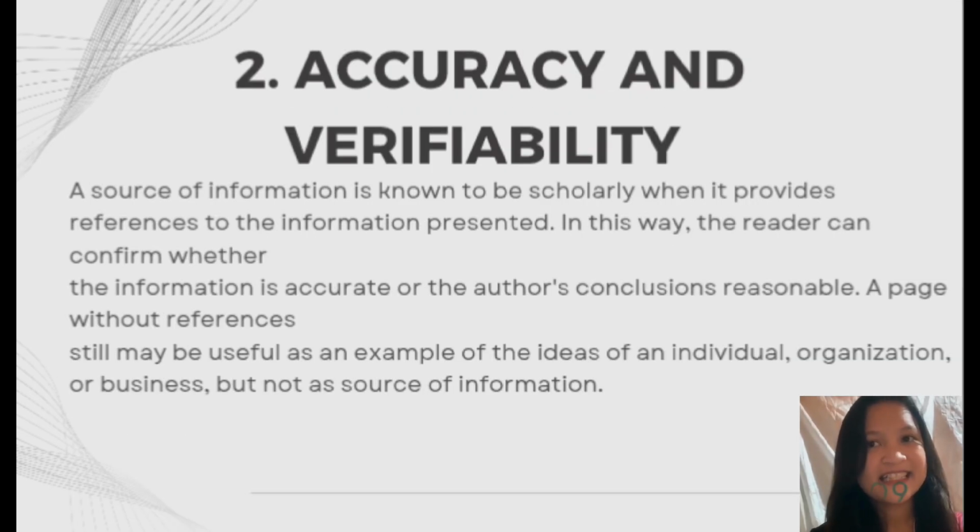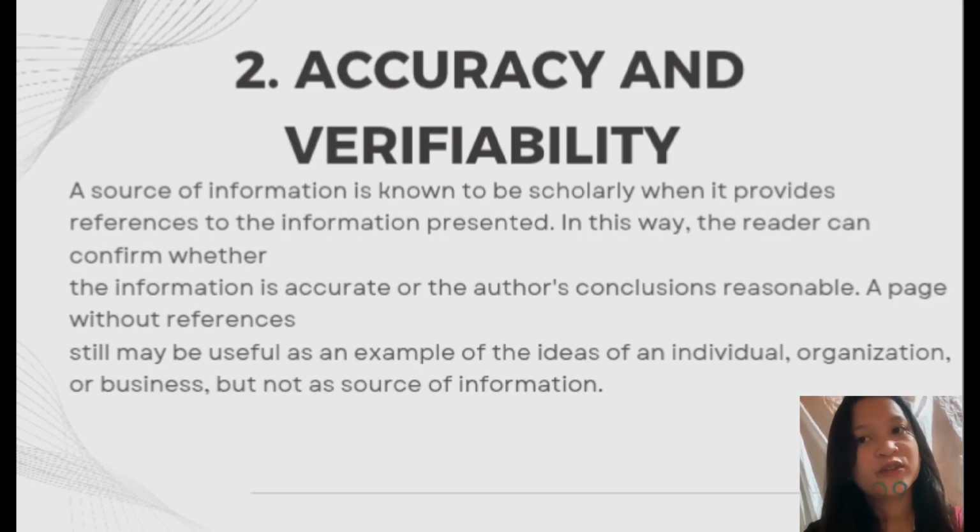So second is accuracy and verifiability. A source of information is known to be scholarly when it provides references for the information presented. In this way, the reader can confirm whether the information is accurate or the author's conclusion is reasonable.